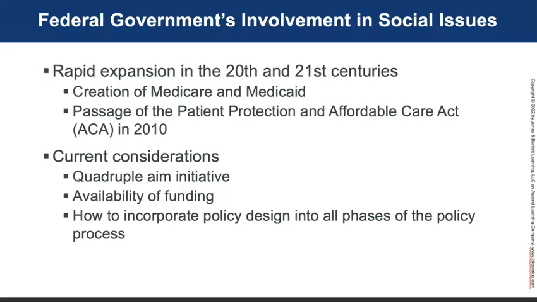In the 60s, Johnson was able to create Medicare and Medicaid around 1965, and there was a big disruption then. President Kennedy was assassinated, and President Johnson was able, after that assassination, to move forward.